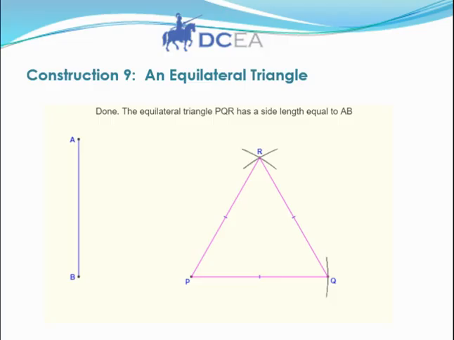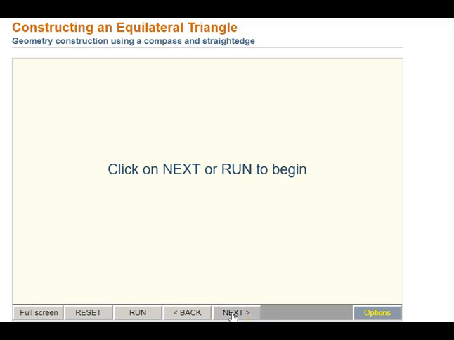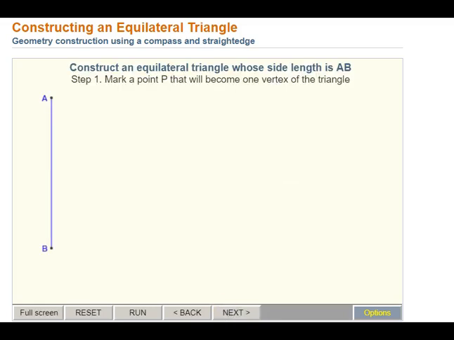Our last construction is construction 9, an equilateral triangle. This is what your construction will look like when you're finished. So to construct an equilateral triangle, we'll make a side length and call it AB.